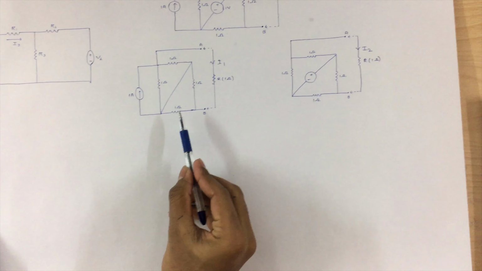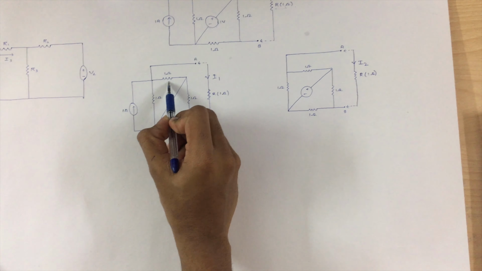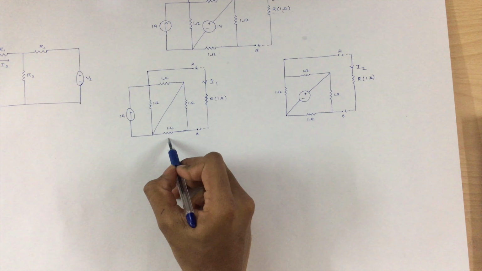So as we can see in this circuit, these two resistors that are pointed are in parallel, and similarly these two.